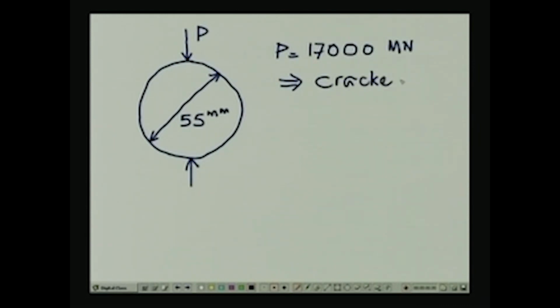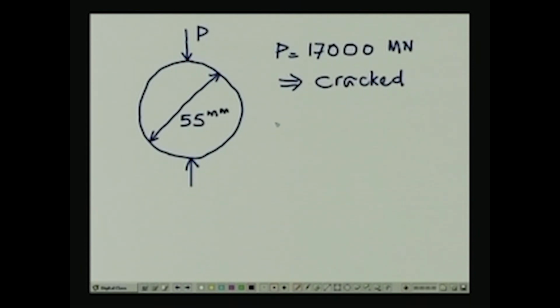Based on this data set we are going to try to find out the UCS, unconfined compressive strength of this intact rock specimen.